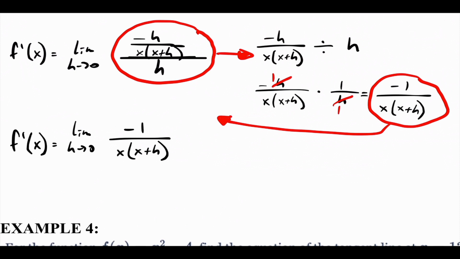Plug in 0 now. What do we get when we plug in 0 for h? I get negative 1 over x times x, which is negative 1 over x squared. That's the derivative equation.